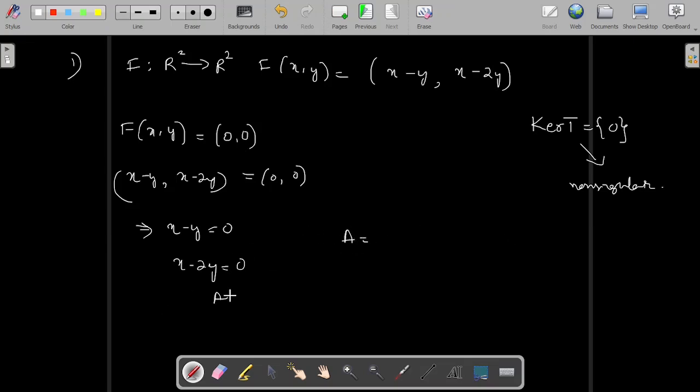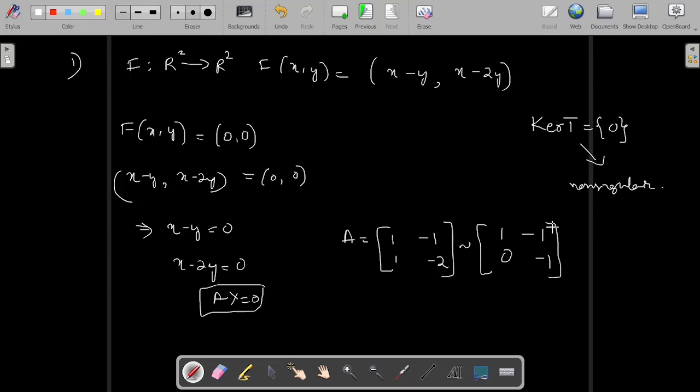This is a system Ax equal to 0, a homogeneous system in two variables. How to solve this homogeneous system? You can do that directly, just two equations, or else use the usual procedure. Write the coefficient matrix 1 minus 1, 1 minus 2. Reduce it to echelon form: R2 minus R1 gives 1 minus 1, 0, minus 2 plus 1, minus 1.